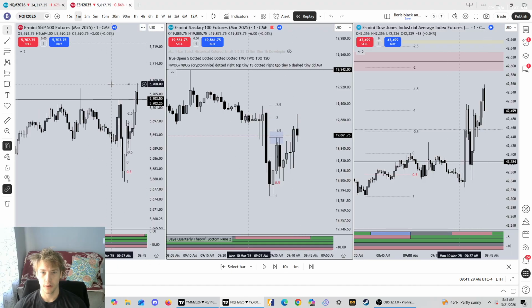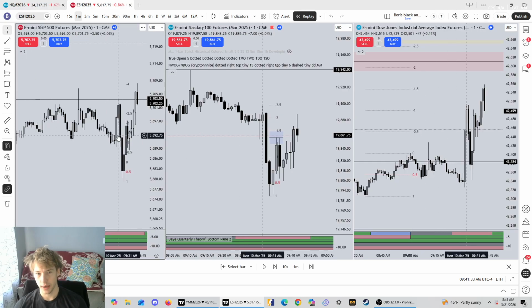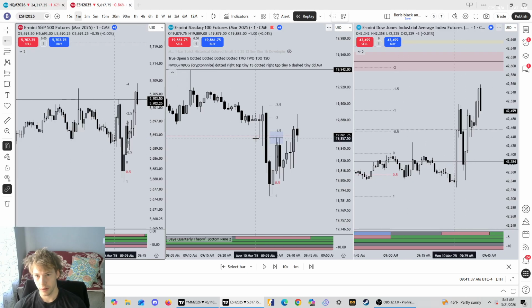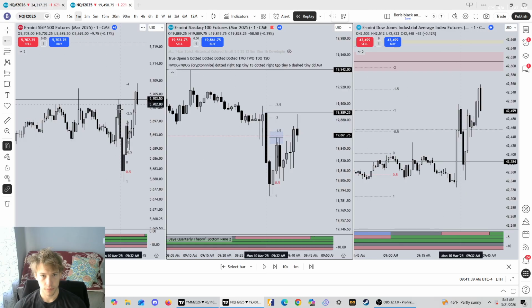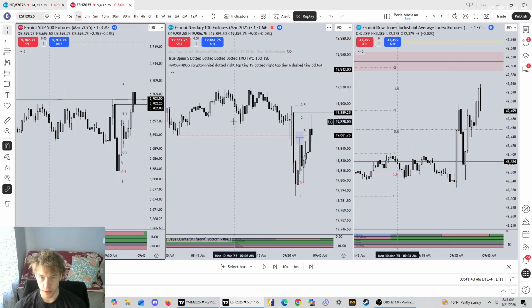Okay, minus 4 max expansion on the ES. We took out this high. So what are we looking at right now? Looking at this right here. Right. So first, okay, and we did go up to this. Okay, so you see, in this case, this would have worked. This right here would have absolutely worked.